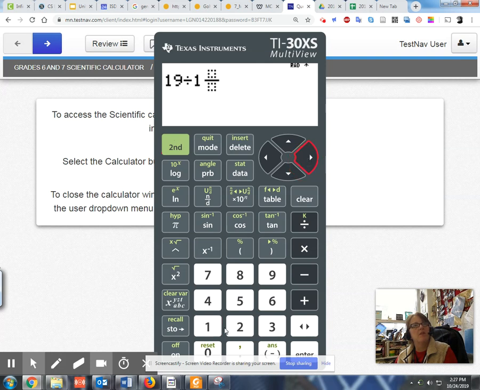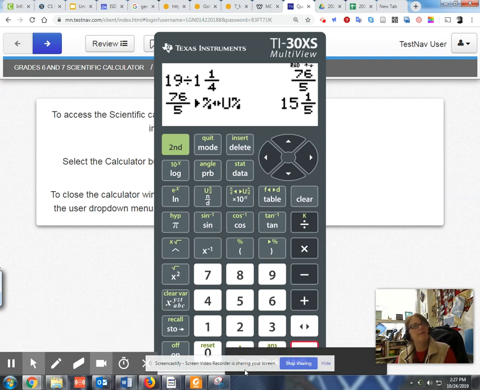It should be less than 19 and go from here. So let's do 76/5. Turn that probably into a mixed number, huh? 15 1/5. That sounds like it makes sense. All right, 15 1/5.